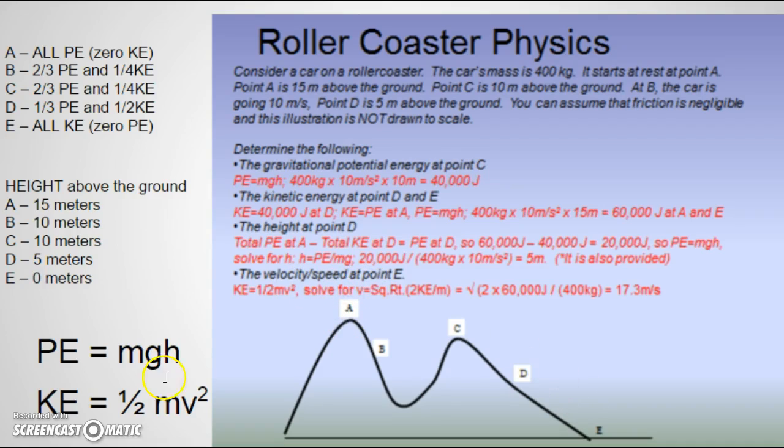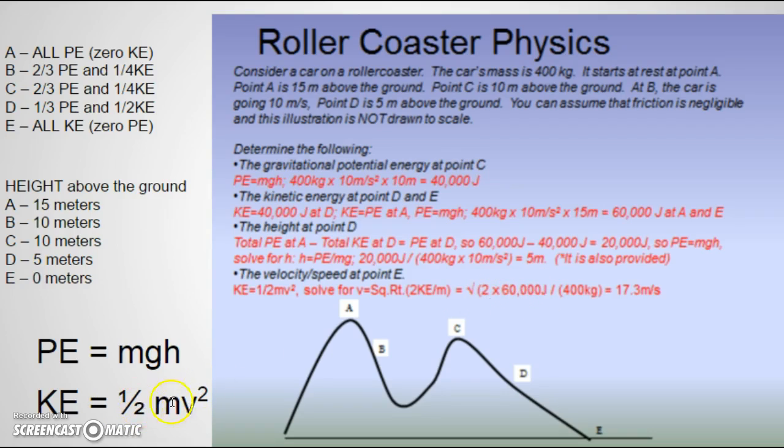If I solve for velocity, I want to isolate v. v is going to equal the square root of 2KE divided by mass. So if I isolate v algebraically, I get v is equal to the square root of 2KE divided by m. So I take the square root of the quantity 2 times 60,000 joules.